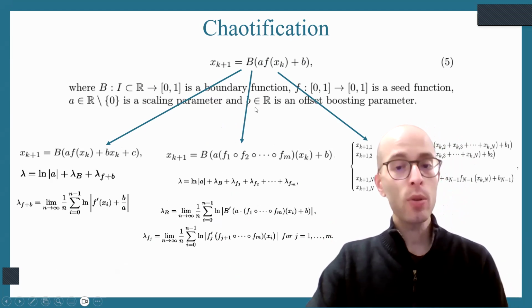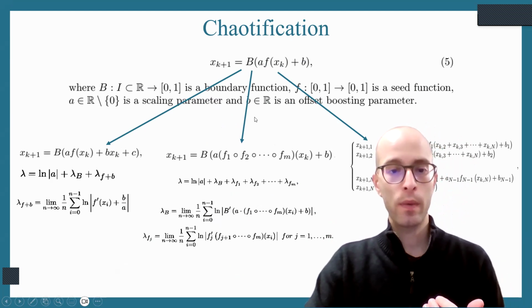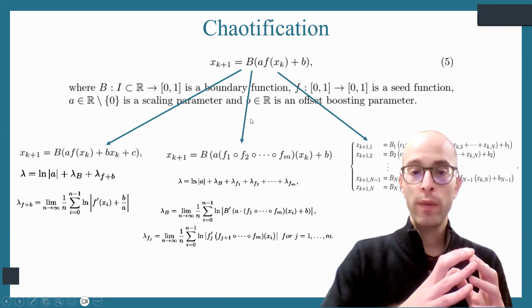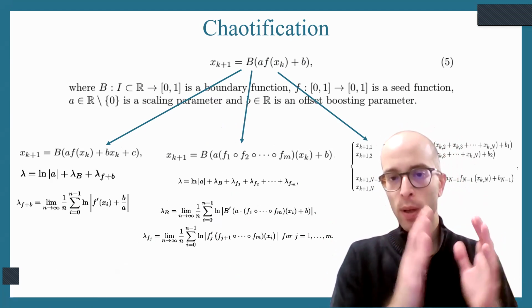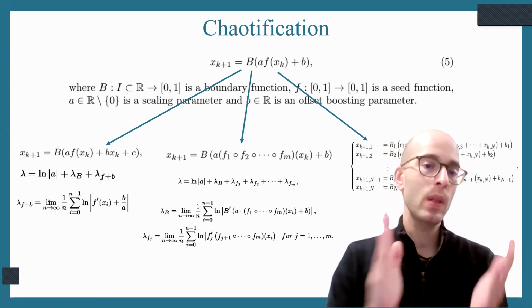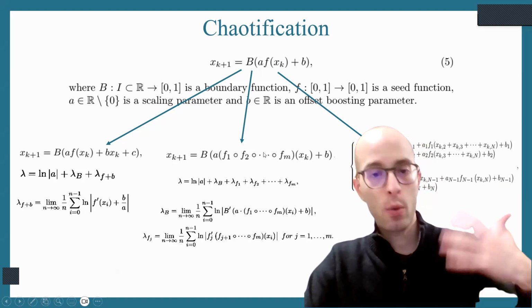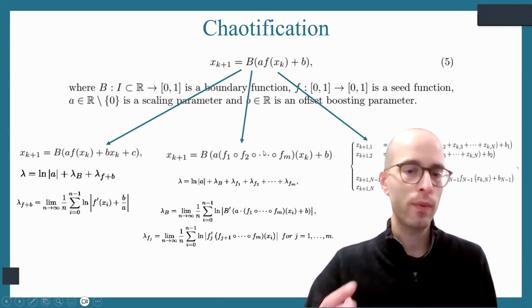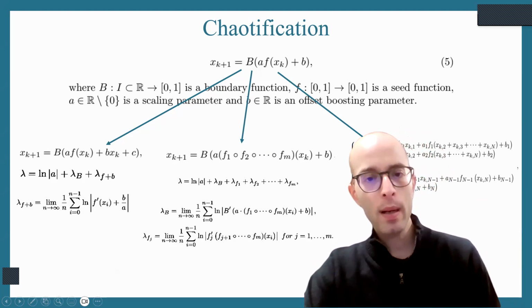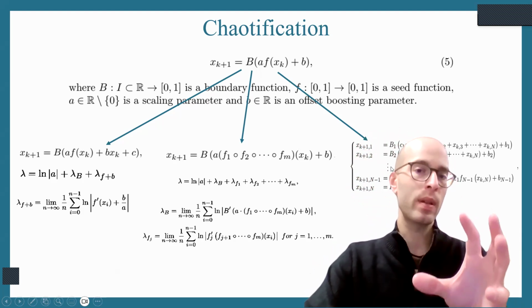The second generalization is the combination, inside the boundary function, of a composition of seed functions. So we have f1 of f2 of f3, a composition of many different seed functions. And the third one is a multidimensional version of this chaotification.